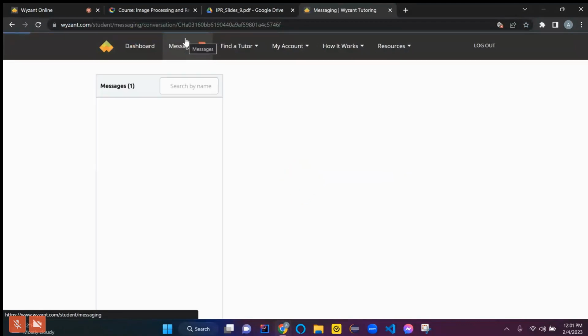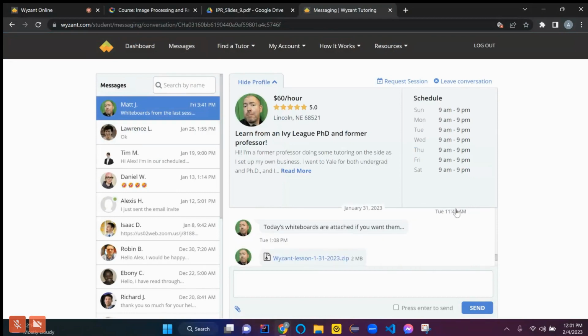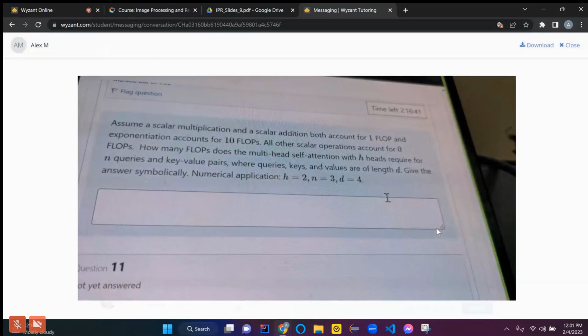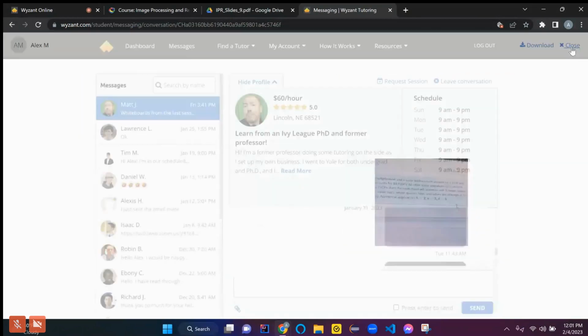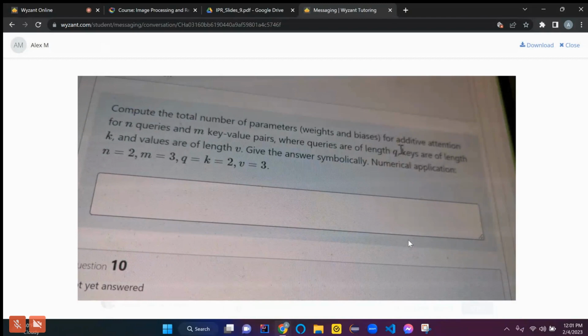The multi-head self-attention, when I Googled it before, I did not find a whole lot. I did find people using that phrase, but not a whole lot. So I was just wondering if that was something. So this is, I think I just saw something on scalar multiplication. Additive attention, key value pairs.